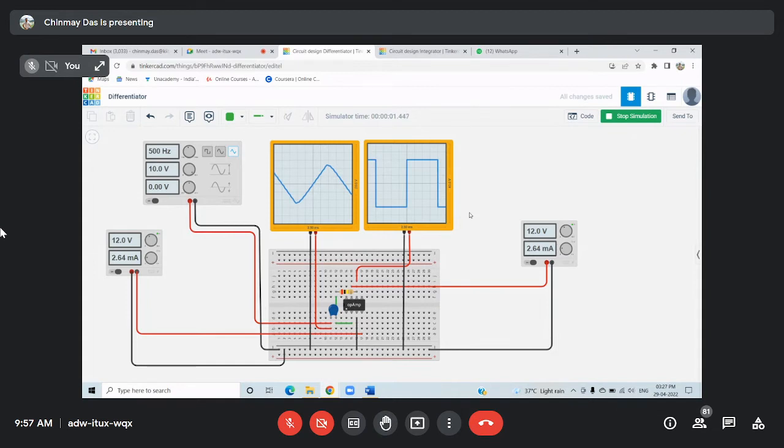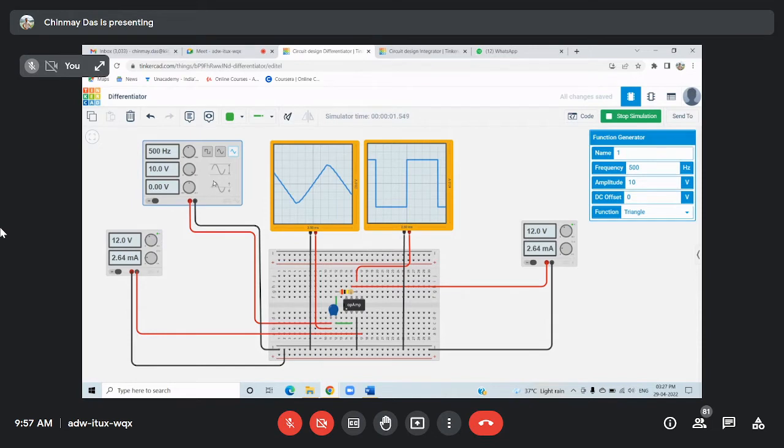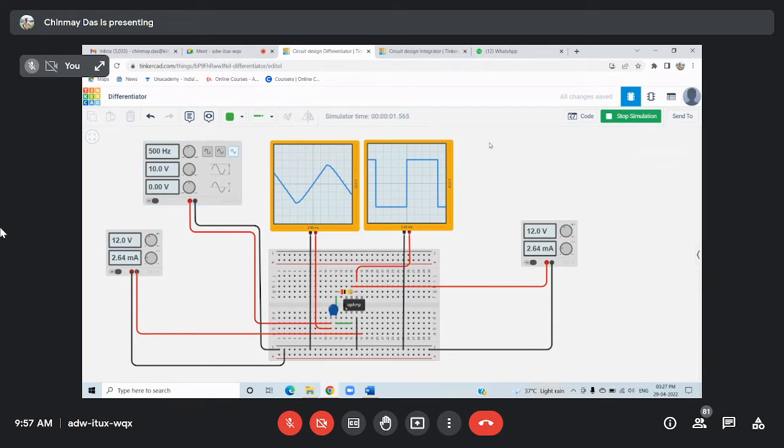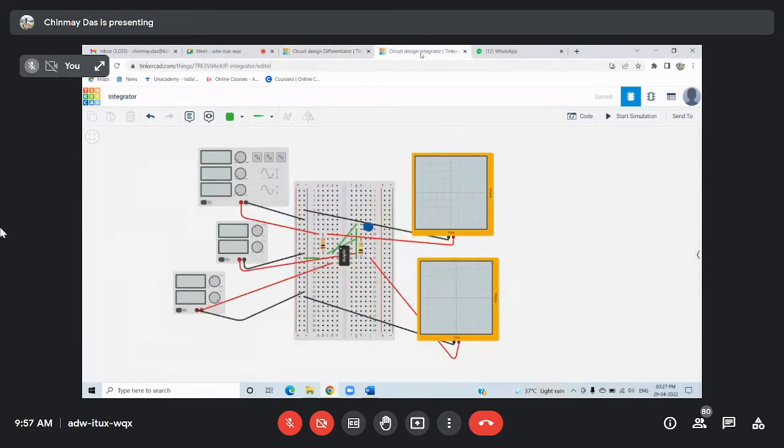For the differentiator, the capacitance value is 0.1 microfarad and the resistance value is 200 kilo ohm, with 10 volt peak to peak, 500 hertz, triangular waveform. You have already done this op-amp experiment last week, so you can do this on your own. After making the circuit, get the calculation part done.